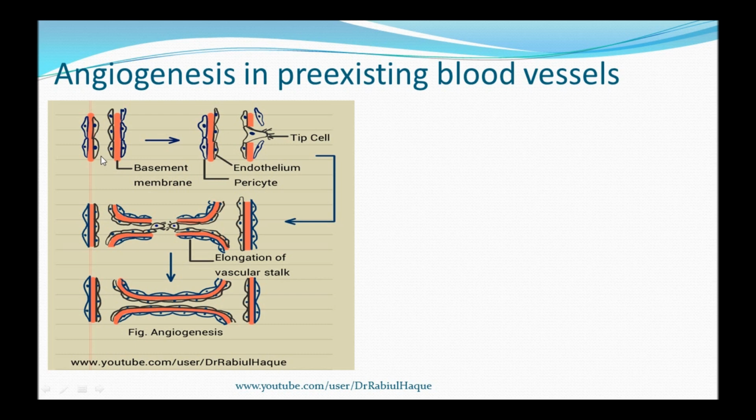Now notice what has happened in the second image. You can see that the same quiescent blood vessel has now dilated, and there is also increased vascular permeability. So these were the initial steps of angiogenesis: vasodilation and increased vascular permeability of the quiescent blood vessel.